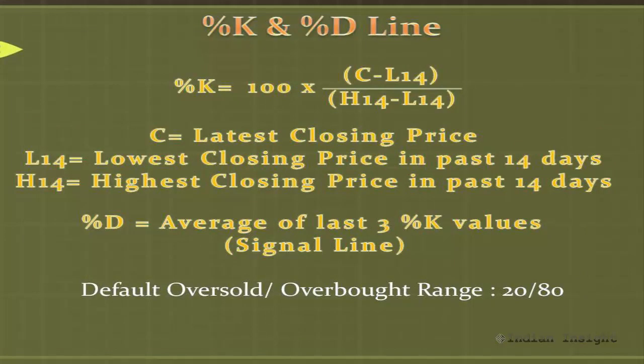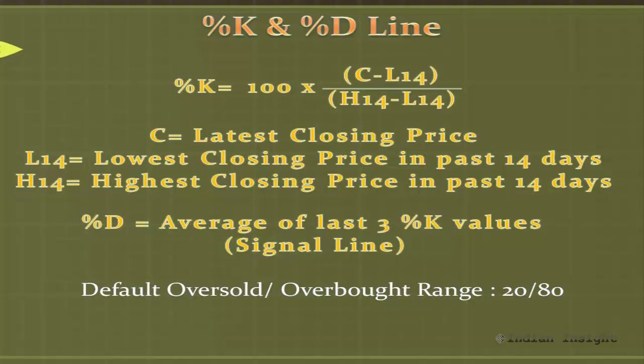Here C stands for the latest closing price, while L14 stands for the lowest closing price in the past 14 days. H14 stands for the highest closing price in the past 14 days. %K is derived by subtracting the lowest closing price in the past 14 days from the closing price of the day, and then you divide it by the difference between the low and high price in the last 14 days.